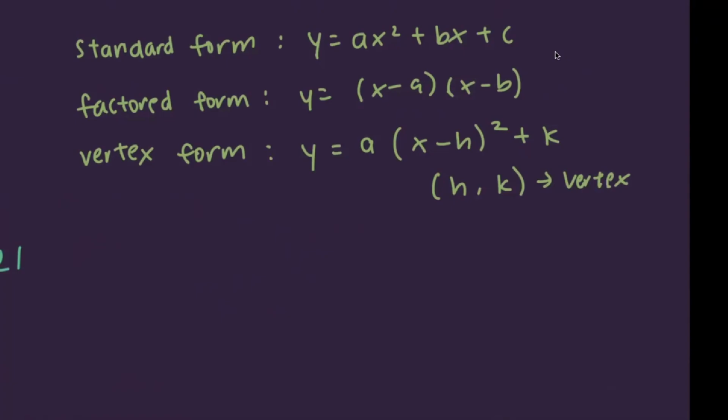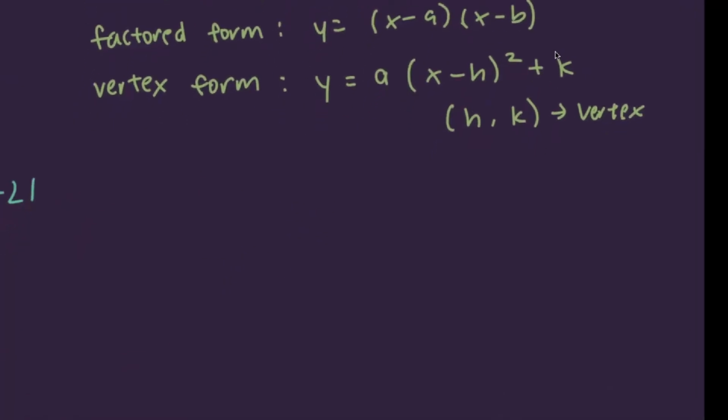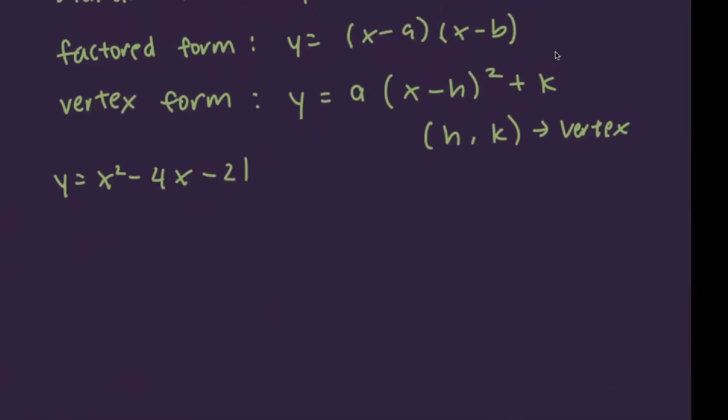So how do we get our vertex form? To get our vertex form, let's use our first example of x squared minus 4x minus 21. We'll do something called completing the square. To complete the square, let's look at our b value. Our b value is negative 4.